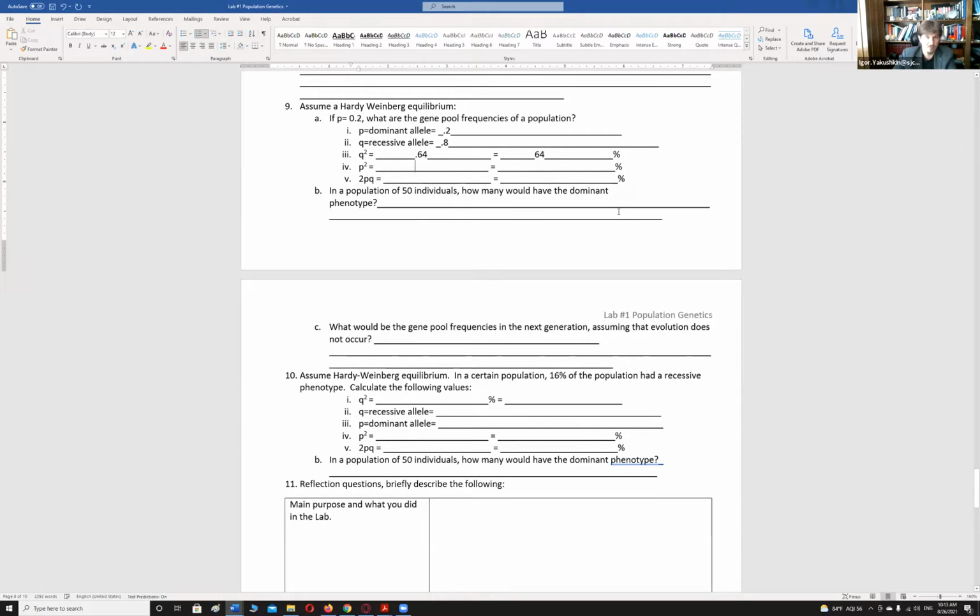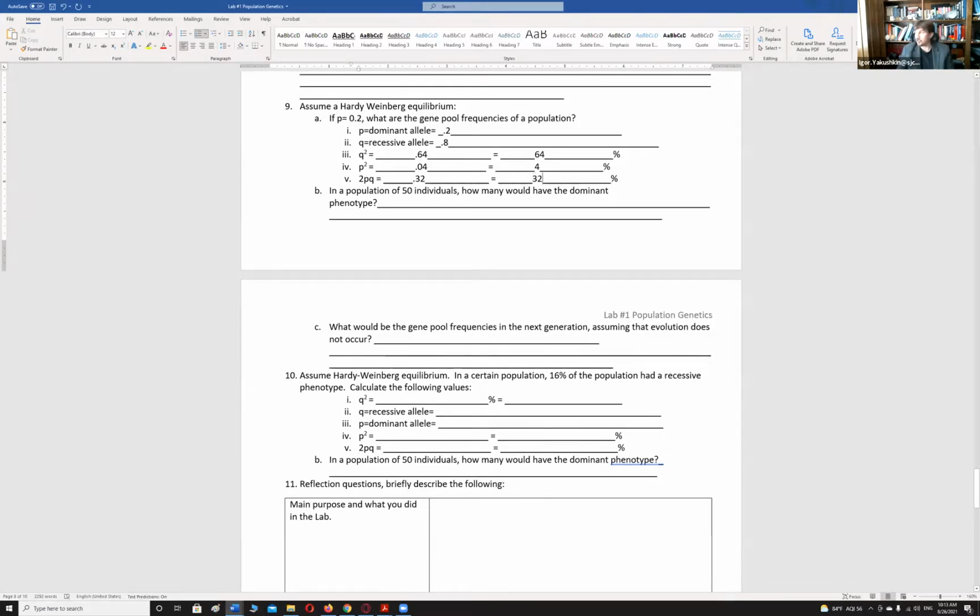That one would be 0.04, also known as 4%. Now here we decided that it's 0.32, right? And then it would be 32%.